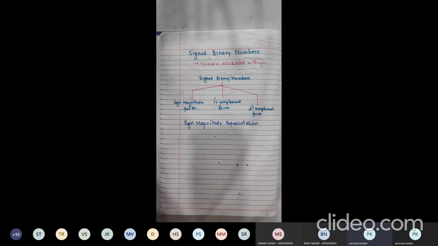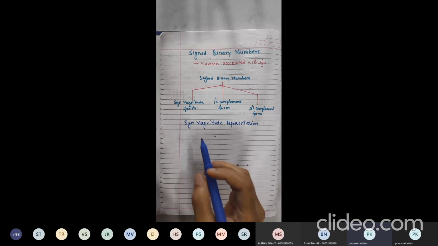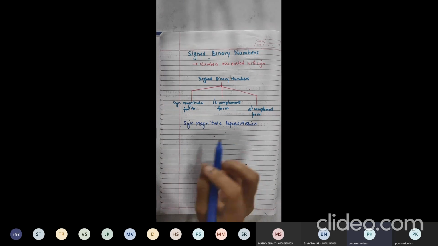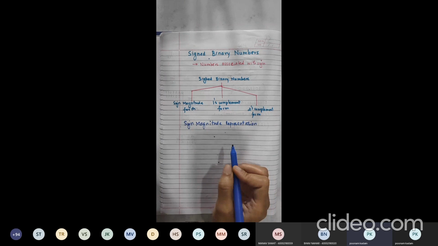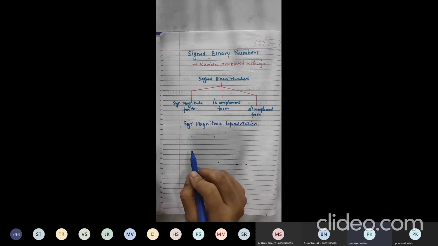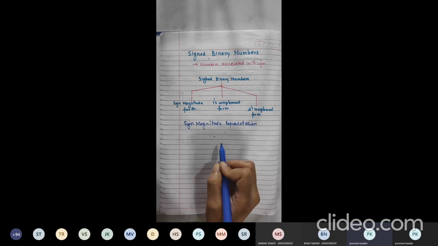In a signed binary number system, we add an additional bit which is placed as the MSB, and by looking at the value of this MSB bit, we come to know whether the number is positive or negative. So the MSB bit indicates the sign of the number, and the remaining bits give the magnitude of the number, written in pure binary form.